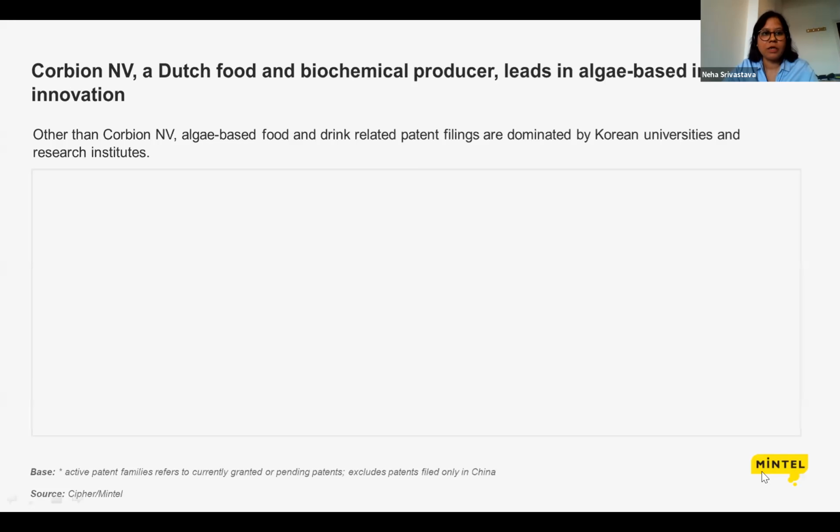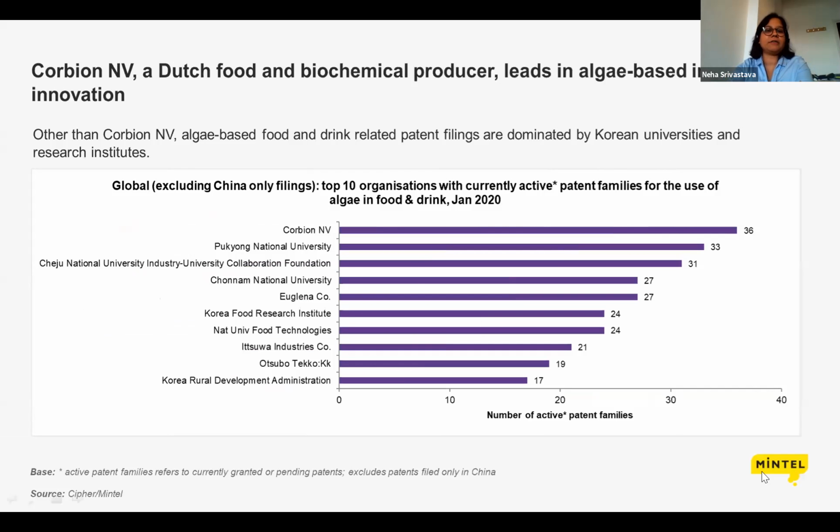If we look at the top players in this field with the majority of active patents related to algae in food and drink, Corbion, a Dutch food and biochemical producer, is leading. Apart from Corbion, companies like Euglena Corporation, Itsuwa, and Otsubo are also active in this domain.